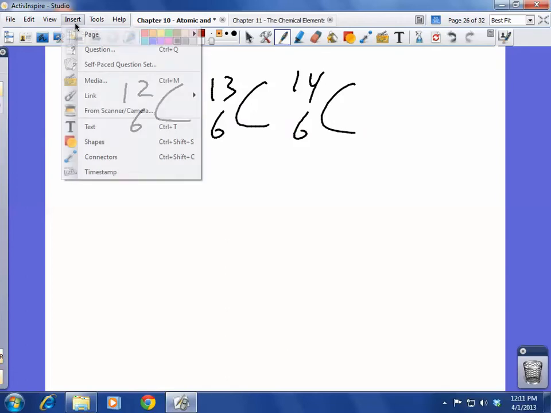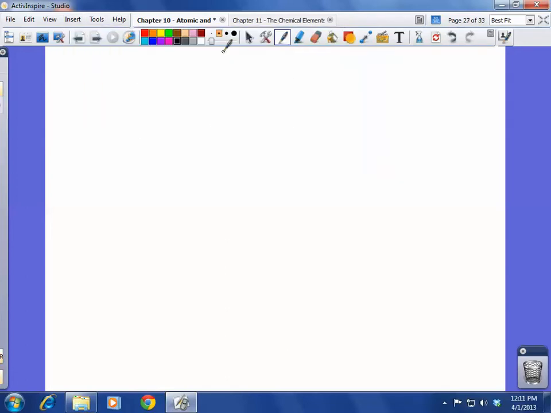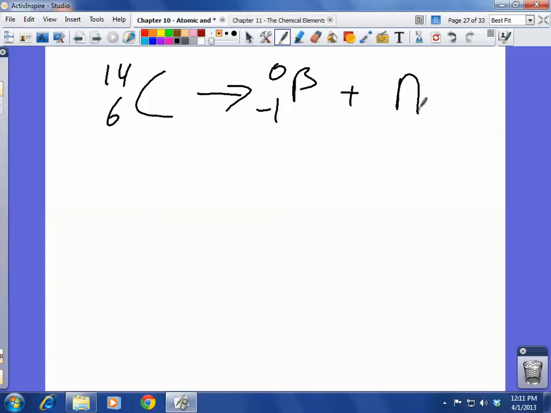So when we talk about half-life, we're talking about how long something takes. If I have carbon 14-6, like we just did, carbon 14-6 will emit a beta particle and become nitrogen 14-7. But the half-life of this reaction is about 5,000 years.